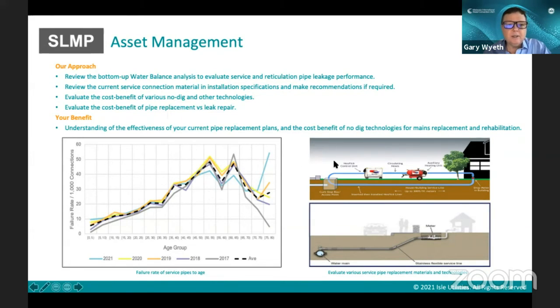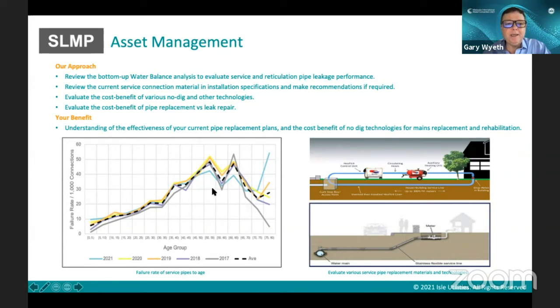We also look at different technologies. So here we've got stainless steel, flexible stainless steel technology. At the moment, it's still expensive. It's probably about 5 times as expensive to buy the material as PE, but it will last a lot longer.